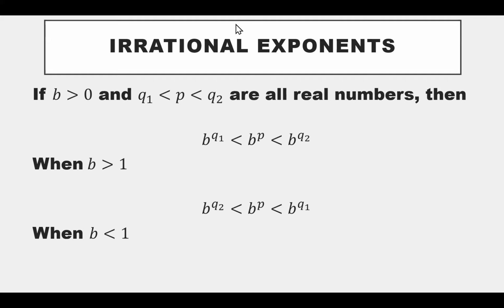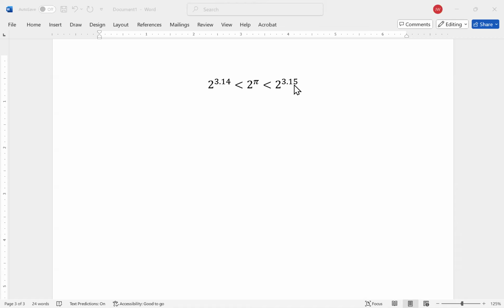3.15 is a rational number. 3.15 can be converted into an improper fraction. That fraction would be 63 over 20. And 3.14 can also be converted into an improper fraction. That improper fraction would be 157 over 50.